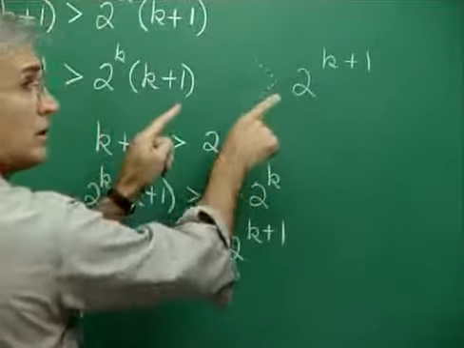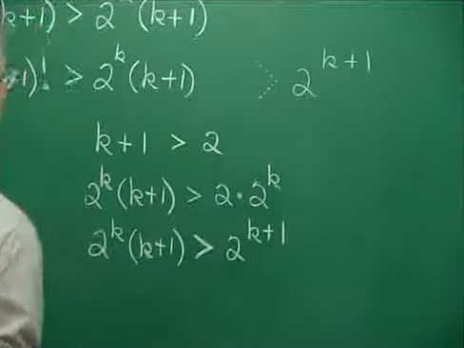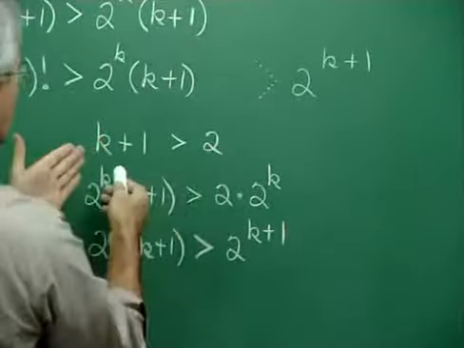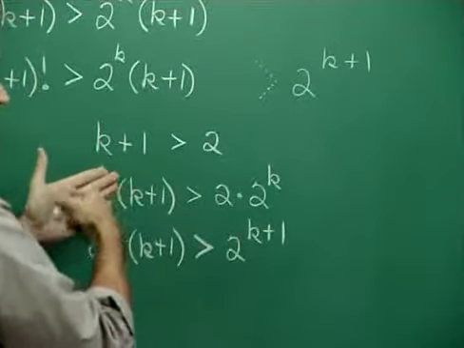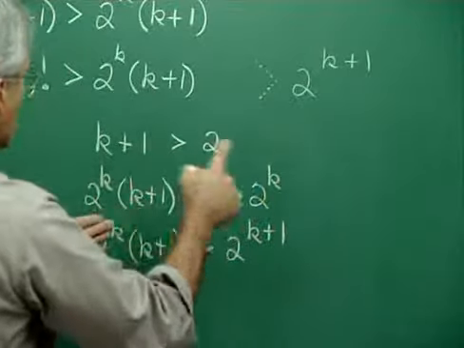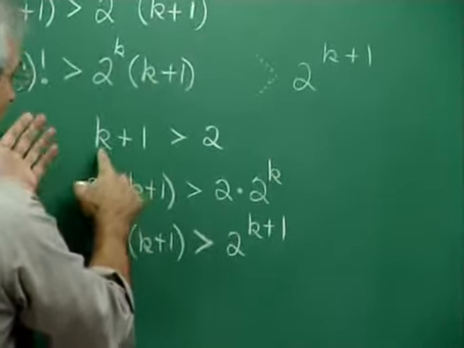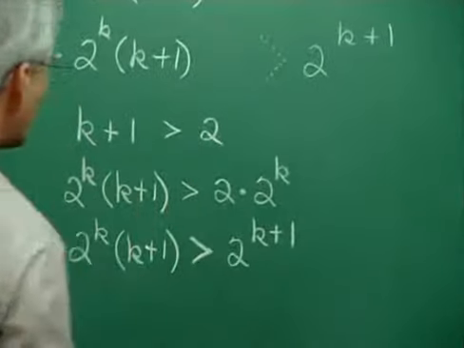Now I can say this certainly is true because the n in the conjecture was that n is greater than or equal to 4. So k is greater than or equal to 4, and therefore k plus 1 is certainly greater than 2. So that has to be true.